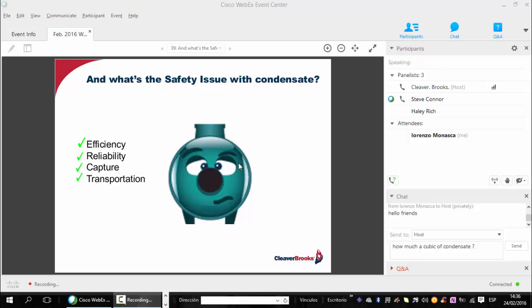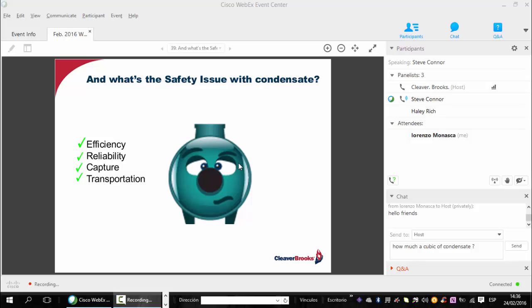Okay, so far we've addressed the important areas impacted by returning boiler condensate, specifically improving efficiency and reliability, and in so doing covered a brief review on capturing the condensate along with some essentials concerning the transportation of this medium. So now let's talk about the last reason that we need to concern ourselves with a properly designed condensate return system, and that's the safety issue.